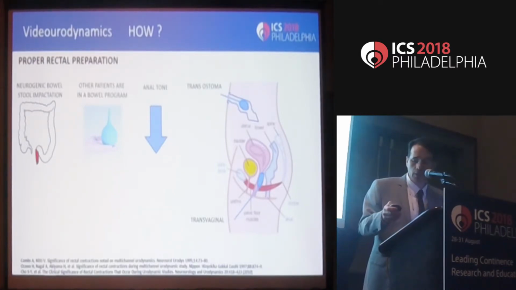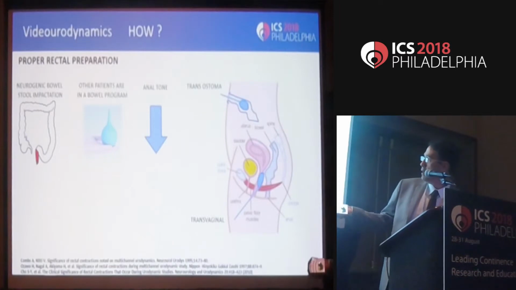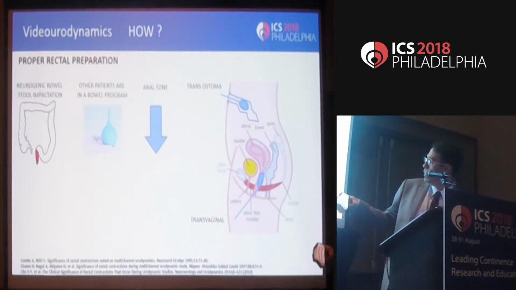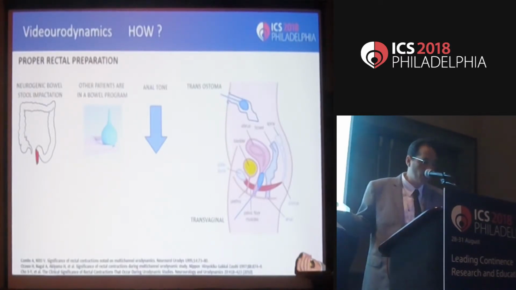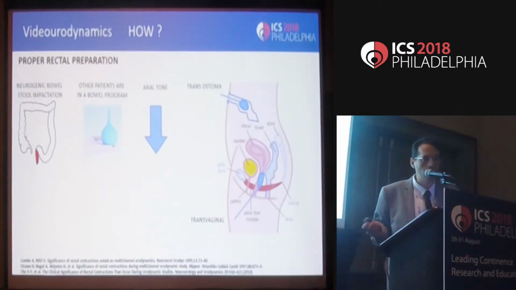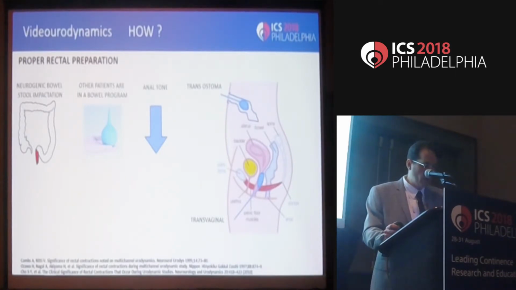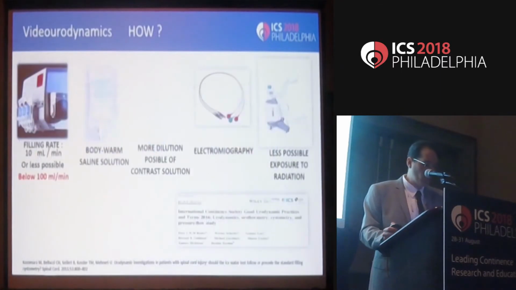Sometimes patients have no anus at all, and you need to find other ways of measuring abdominal pressure. In females you can use a vaginal catheter, or in patients with intestinal diversion you can go through the stoma, and you get the abdominal pressures really well.